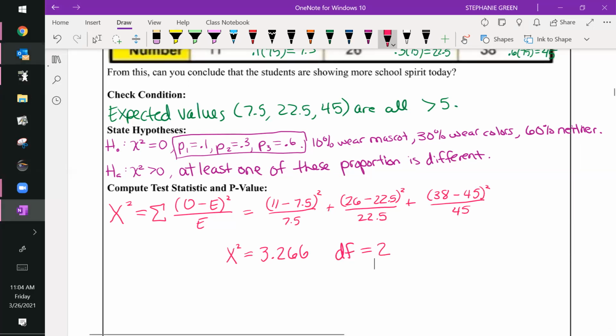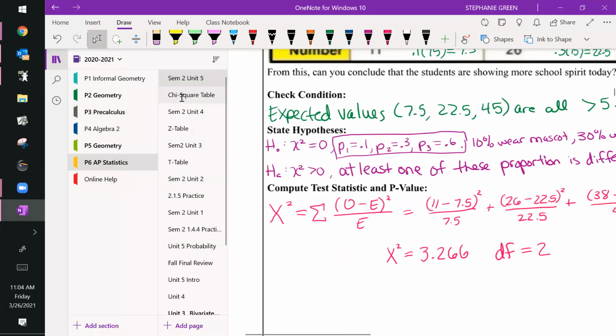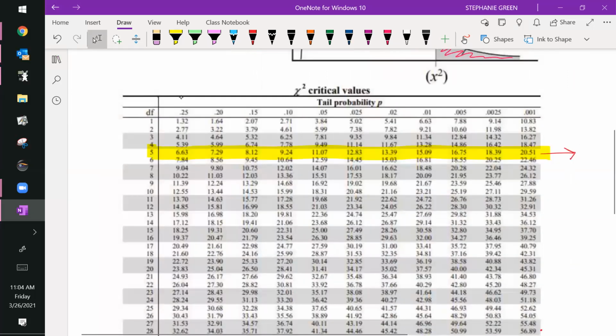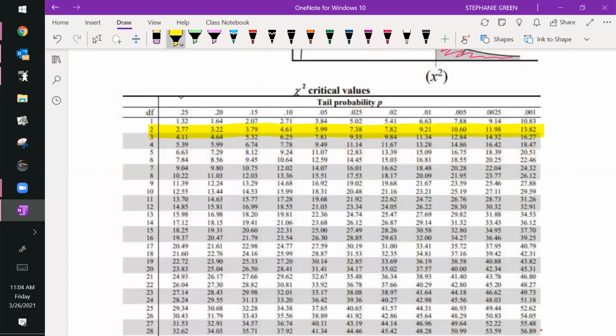So going to my table right here, let's look at DF 2. So we're only looking at the row where DF is 2. That's the second row here. And we're looking for the chi-square statistic 3.266, which is kind of between these two values. In fact, it's much closer to this one. So I might go ahead and just round it to 0.2, much closer to 0.2 than 0.15.